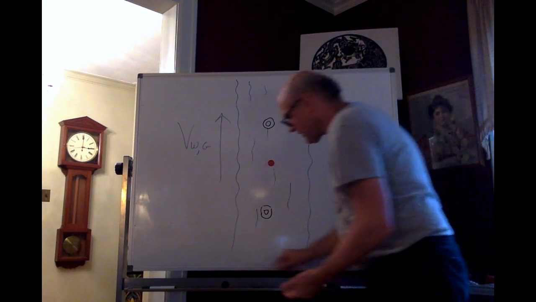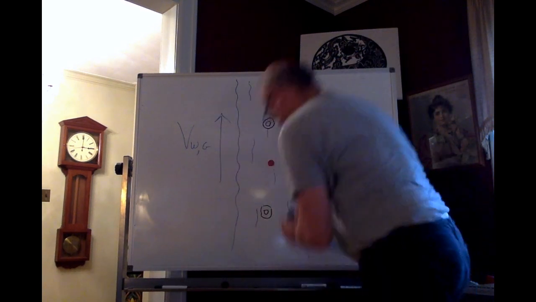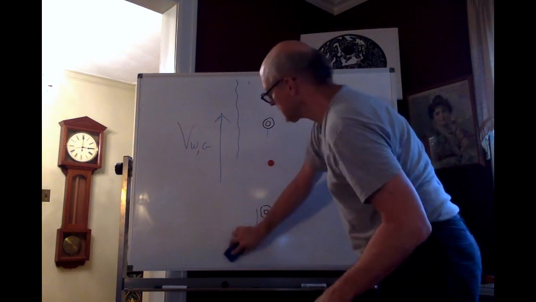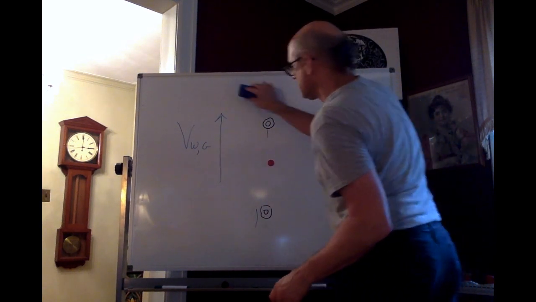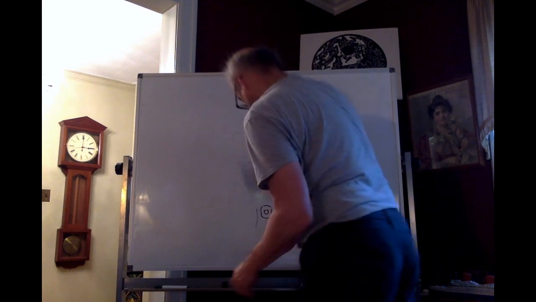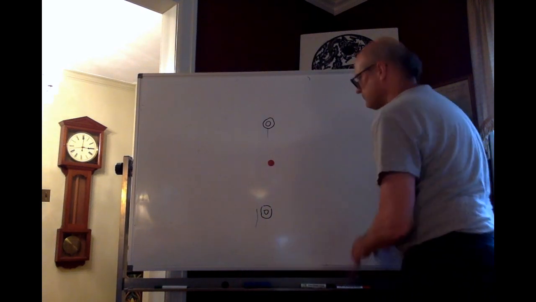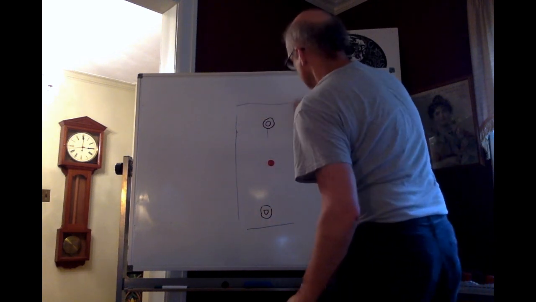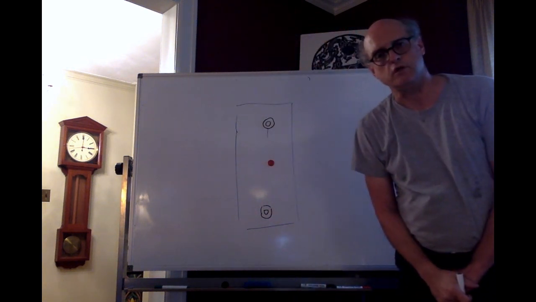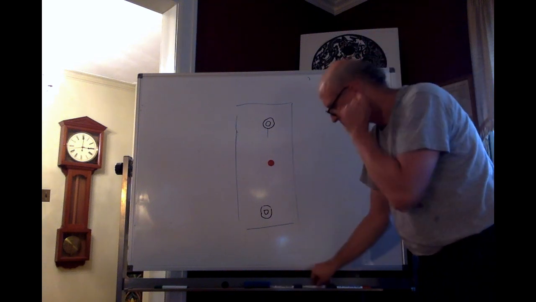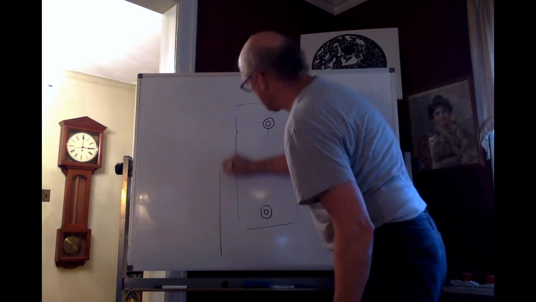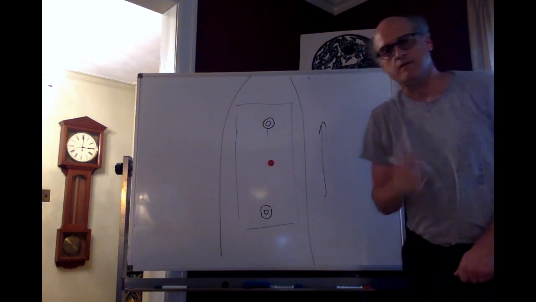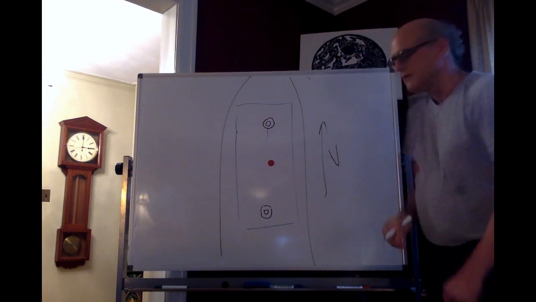Okay? Imagine that instead of a river, we just have a body of water, like a pond. Like this. Or a swimming pool on an ocean liner. And here's the ocean liner moving this way through the water.